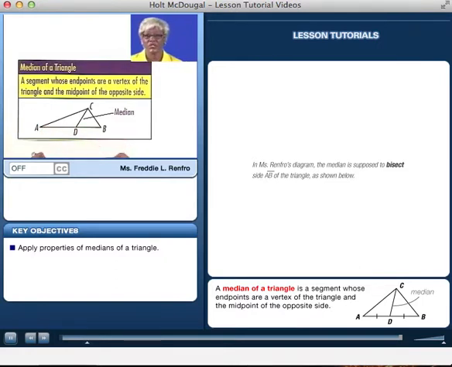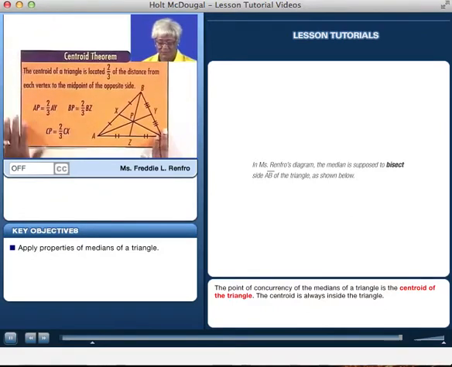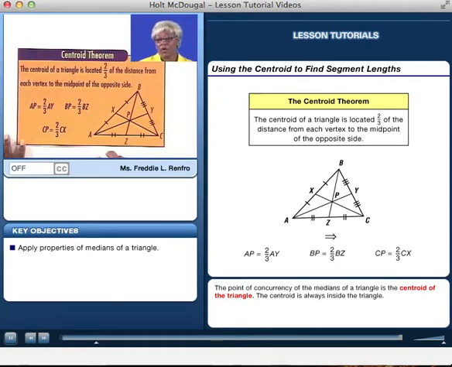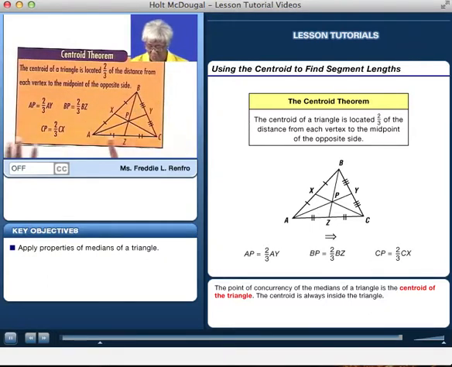Now, there's a special name for that point of concurrency of those three medians. It's called the centroid of the triangle. There's a special theorem about the centroid. When you have all three medians, here's one median, goes from this vertex to the midpoint.